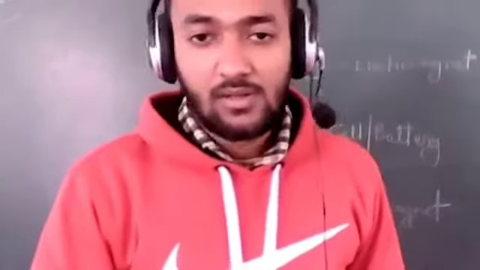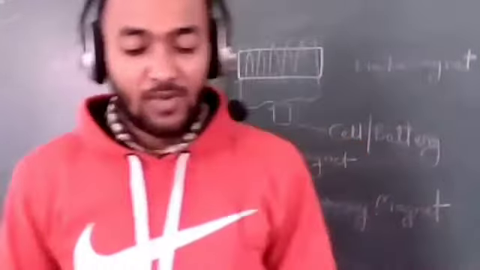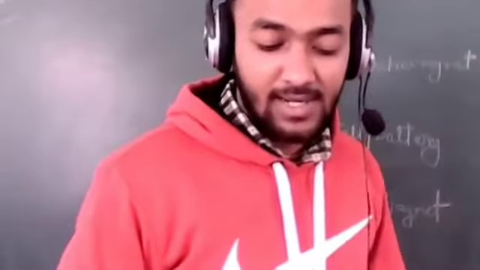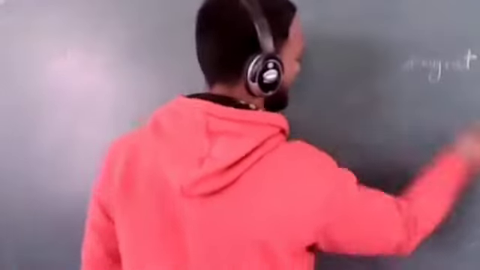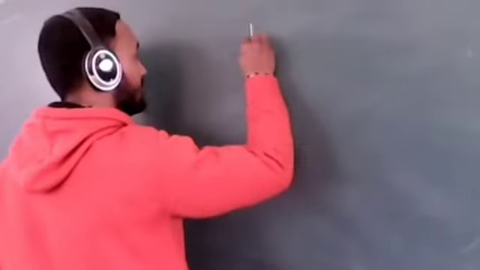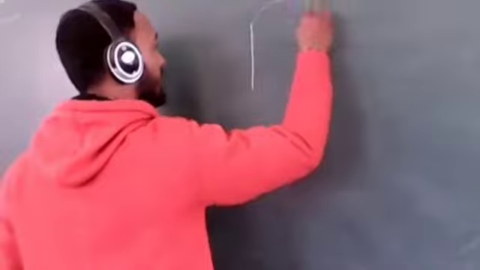Okay, so there is an experiment given in your book on page number 119. Okay, now we will discuss this experiment and we will conclude a few points. So you can see the figure is given like this.